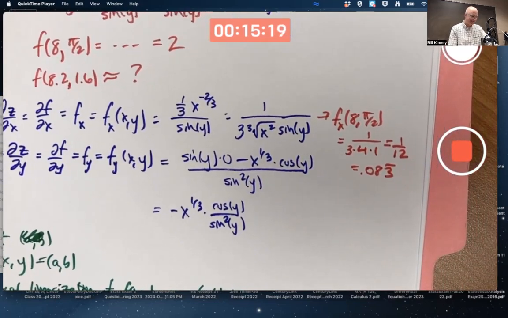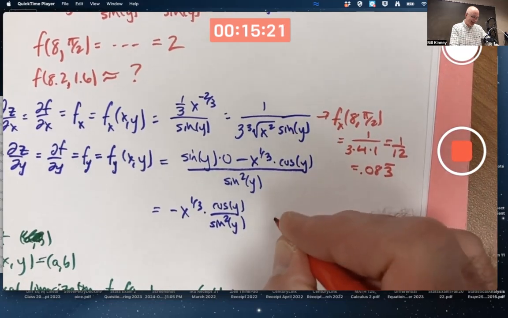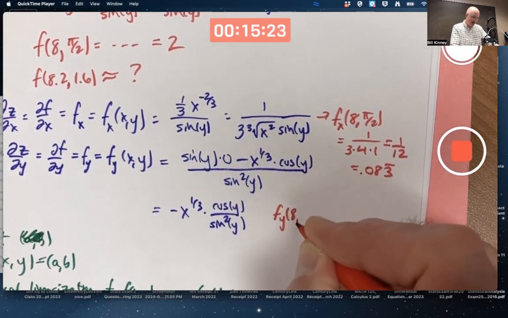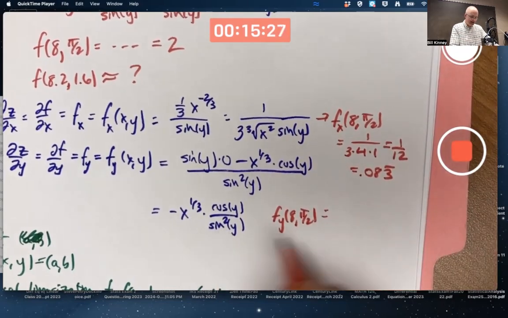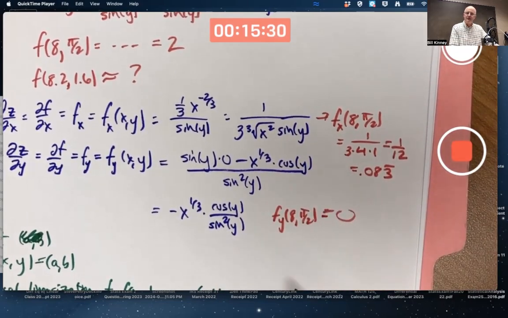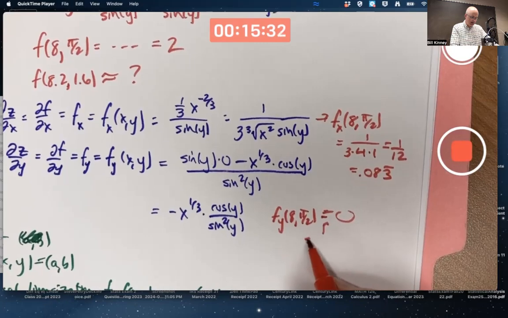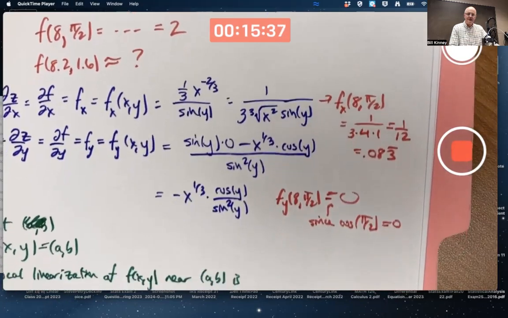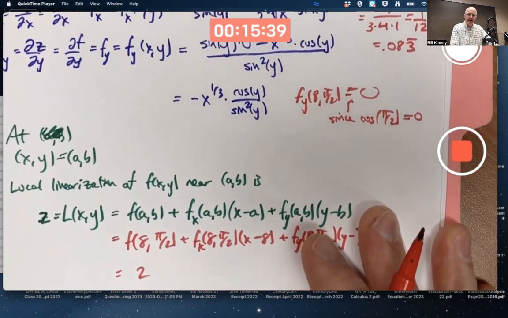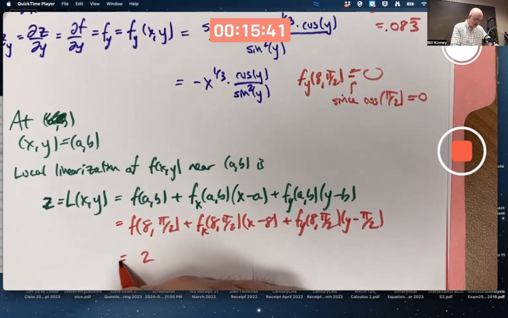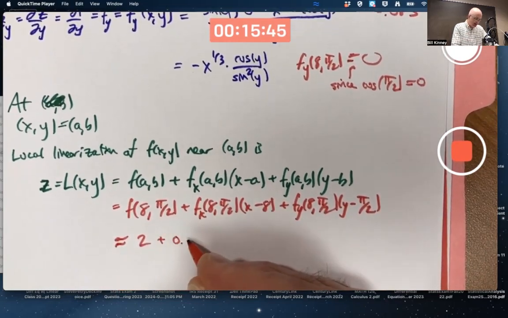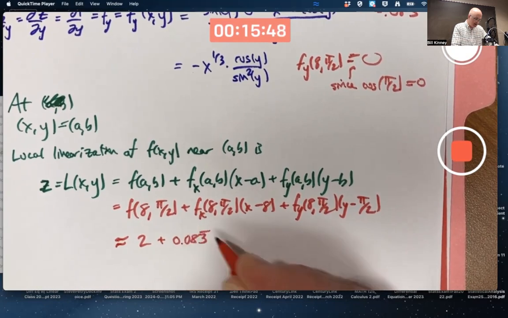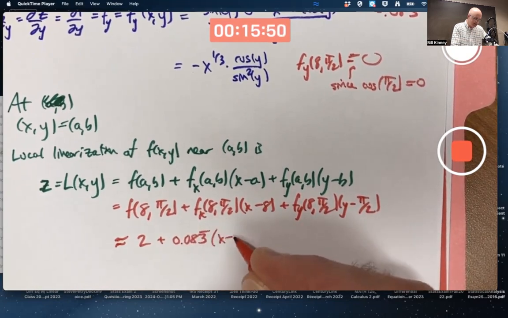Okay. How about fy at 8, pi over 2? I can see just looking at it, it's going to be 0, because cosine of pi over 2 is 0. So this simplifies pretty nicely. I'll approximate it here: 2 plus 0.083 repeating times x minus 8.